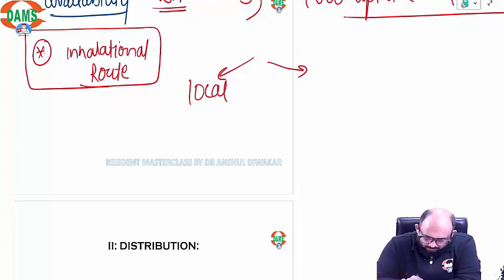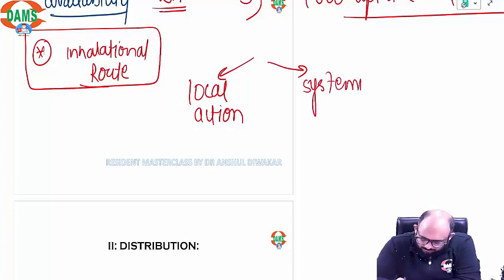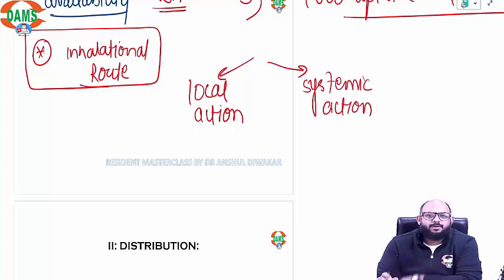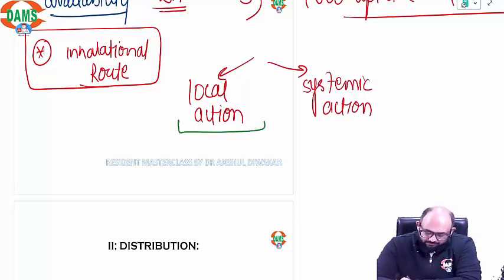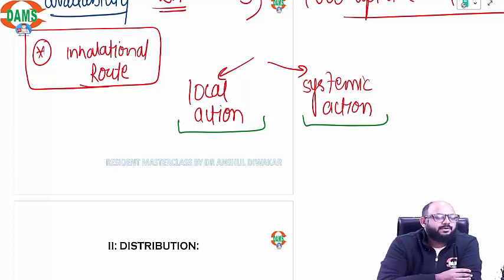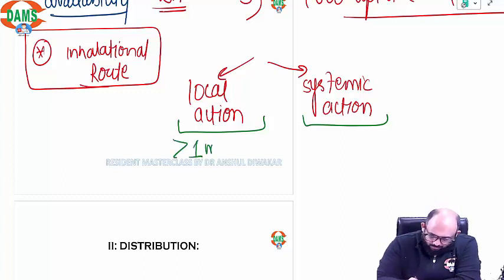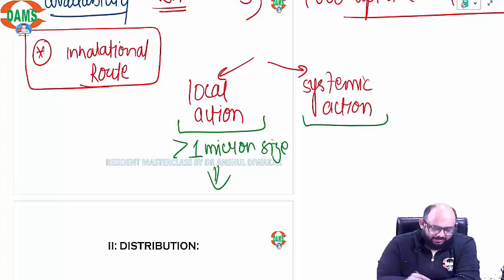Either we are wanting local action or we are wanting systemic action. And it will all depend on the size of the particle that we are using. If you are using more than 1 micron size, then it stays in the upper airway, causing local action.